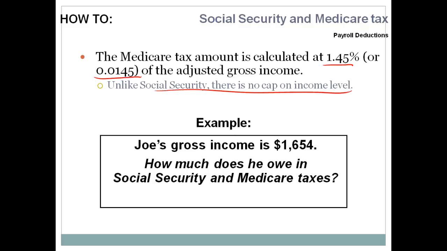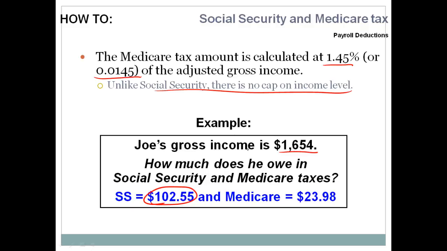Well, he's nowhere near the threshold, so we would just take his gross income, his $1,654, and multiply it times 0.062 for Social Security, and take that same gross income and multiply it by 0.0145 to get $23.98 for his Medicare. And again, you do Medicare and Social Security on the gross income.